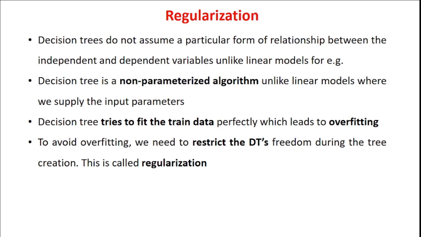To avoid overfitting, we need to restrict the decision tree's freedom during the tree creation itself. During the development of the tree itself, we need to have some pruning. This method is called regularization or hyperparameter optimization.